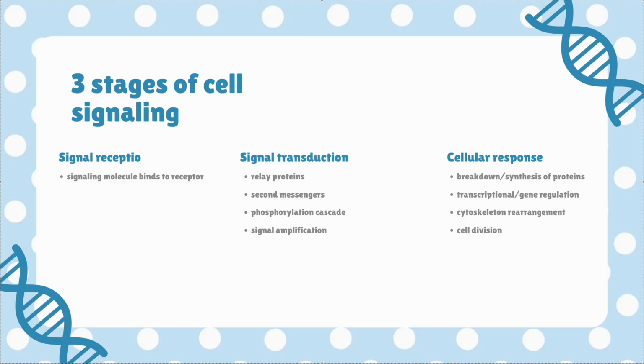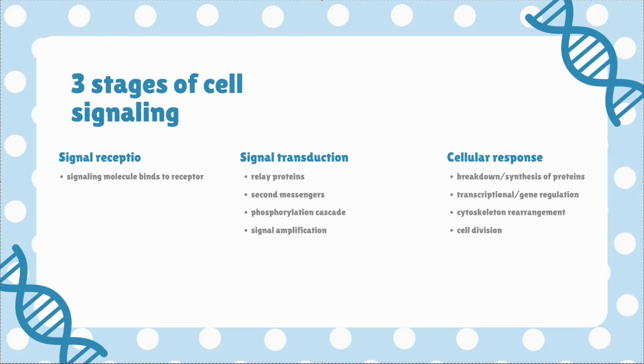And then a phosphorylation cascade is usually involved in signal transduction. This is when proteins in the transduction pathway phosphorylate each other, and then phosphorylation can lead to activation of subsequent proteins in the cascade.